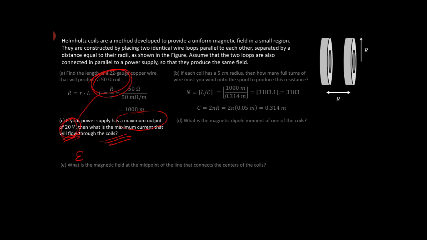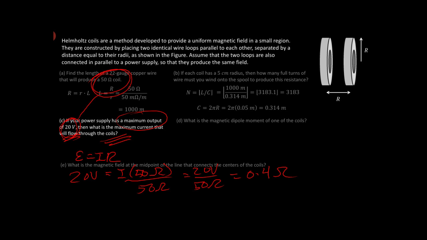We'll use Ohm's law for this. E equals IR. E is 20 volts, I is what we want, R is 50 ohms. So we divide both sides by 50 ohms: I equals 20 volts over 50 ohms equals 0.4 amperes.